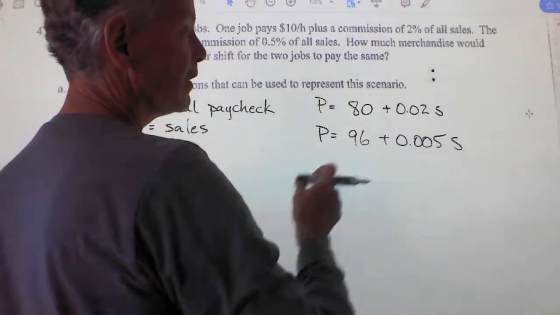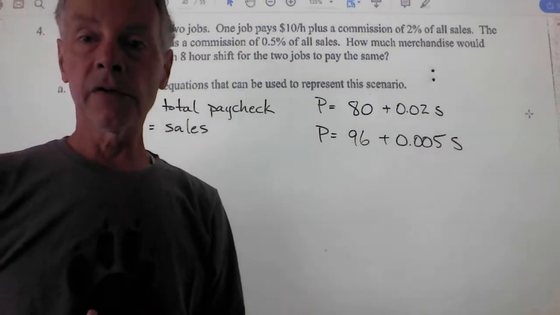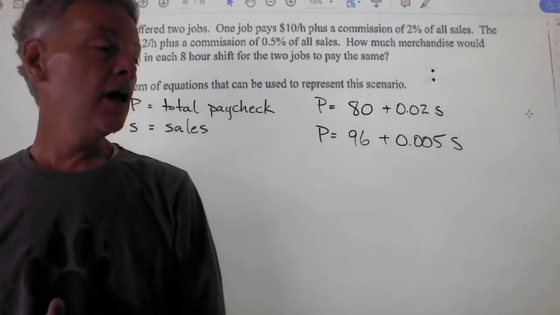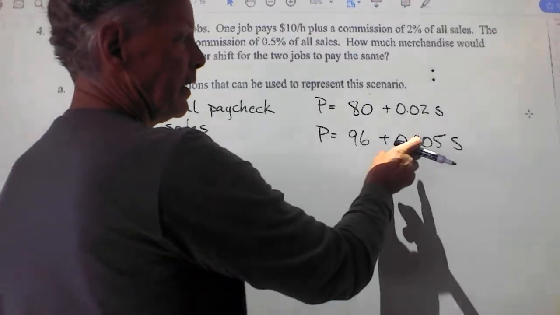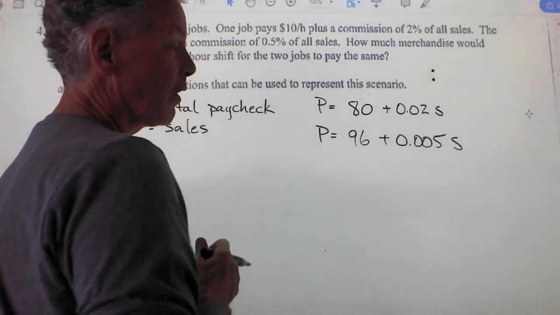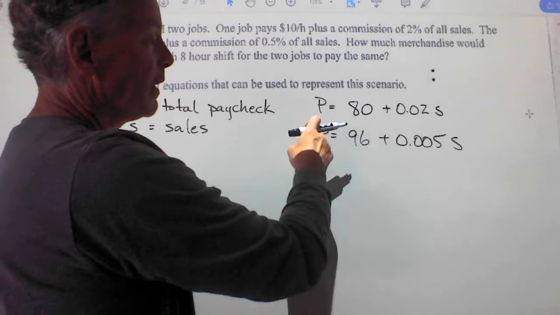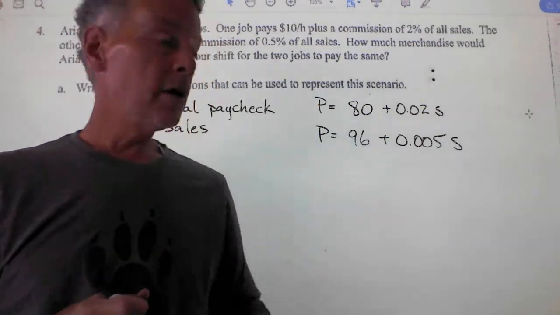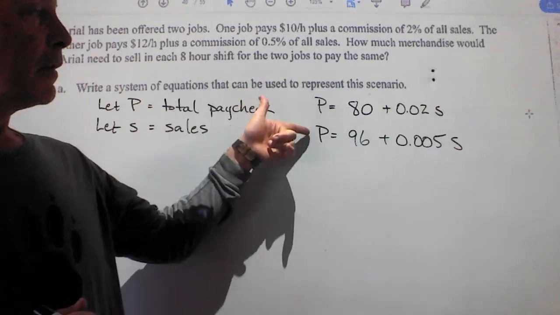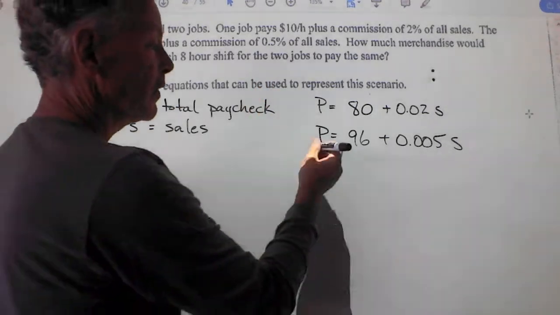Now that we have these two equations, we can decide how we want to solve them. Okay? Now, in this case, we might be best off solving by elimination, because as you can see, we already have our variable P with the same coefficient, right? There's a 1 in front of both of these. So that's what I'm going to do.